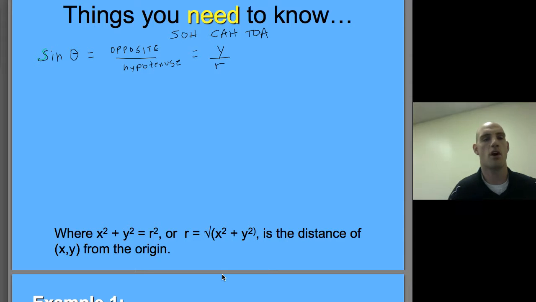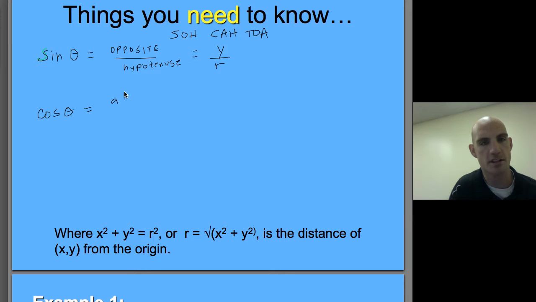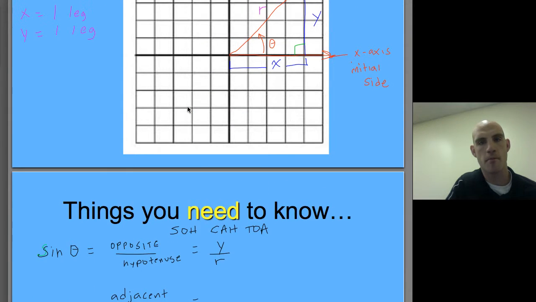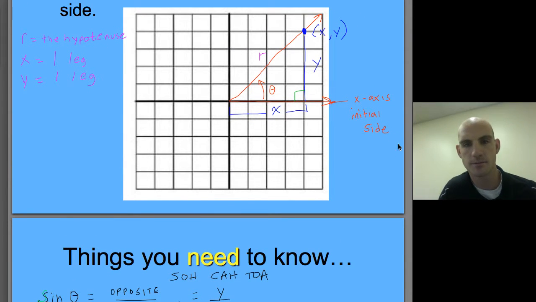This is using stuff that we've already talked about. The cosine of theta is equal to the adjacent to theta. And if we look at our triangle once again, the adjacent is going to be x.